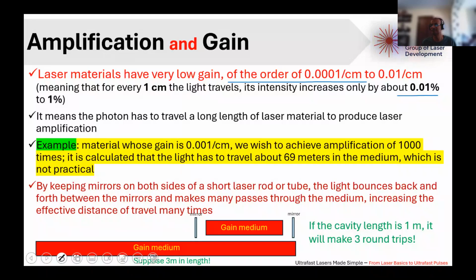So this thing we have to keep in mind, that the gain of the laser material is very low. So it means we cannot have a laser action until we amplify a bit. And how can we amplify?